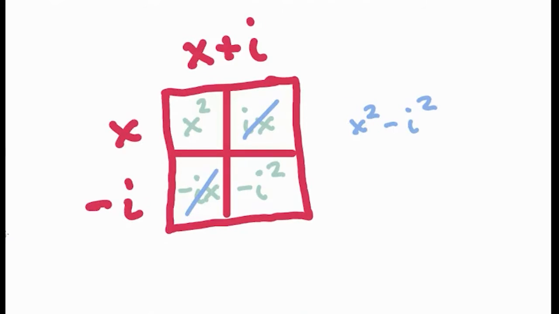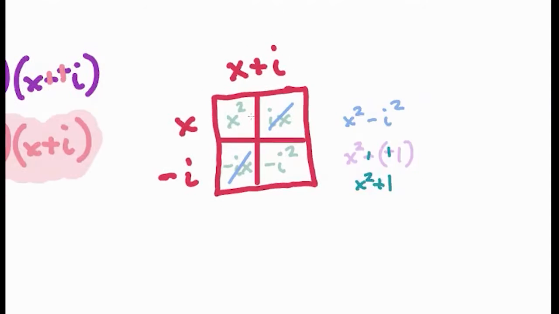Someone tell me what i squared is? Close. Negative 1. So now it's going to be x squared minus negative 1, because i squared is equal to negative 1. So you end up with a plus, and look, you end up exactly where you started. Okay, that's not the answer, it's just me checking my work.